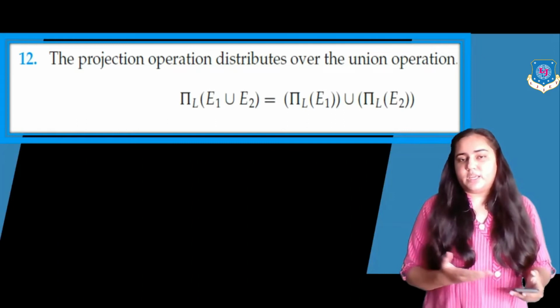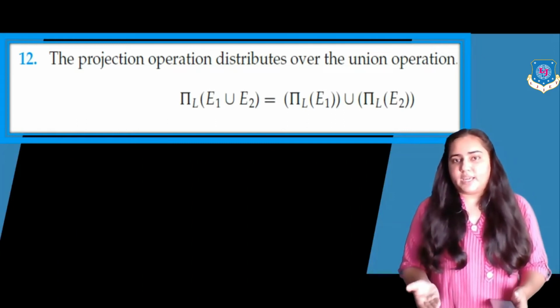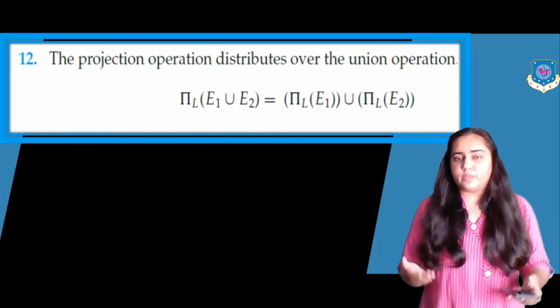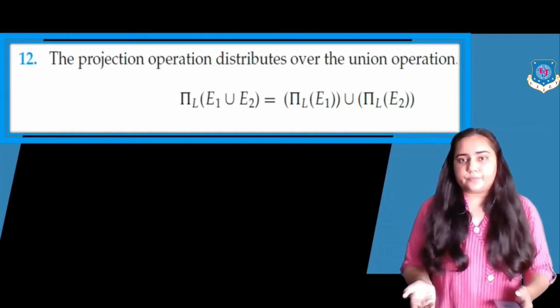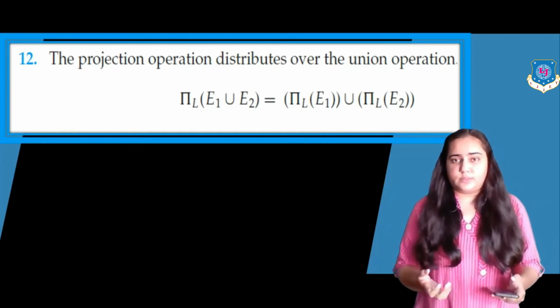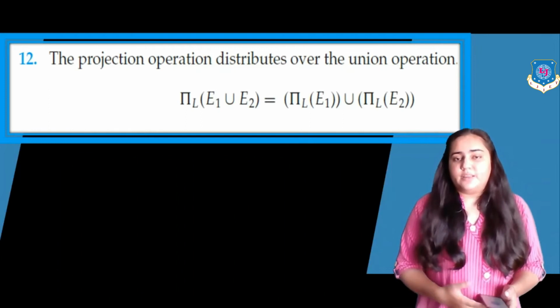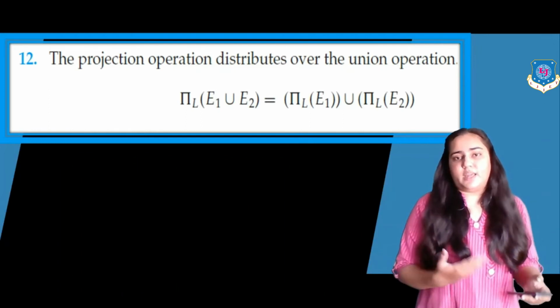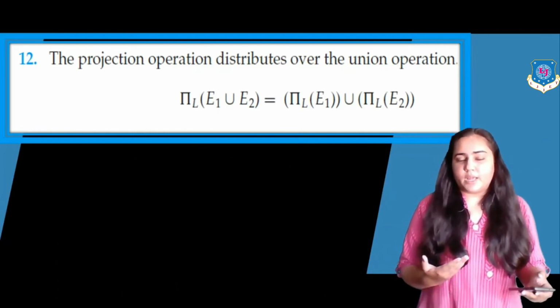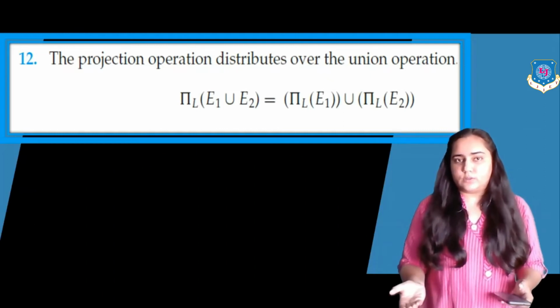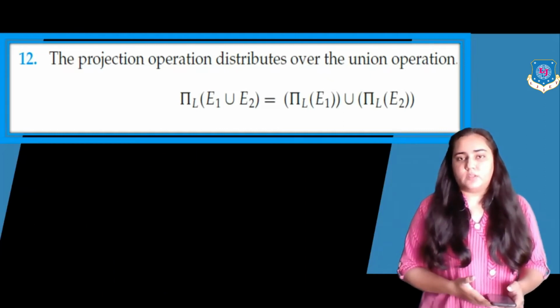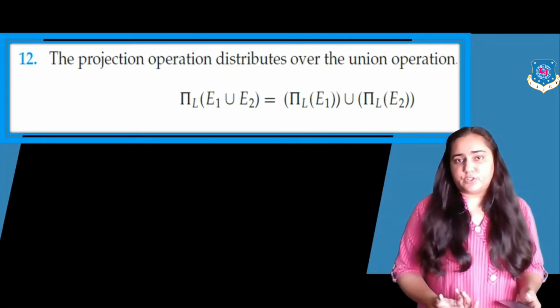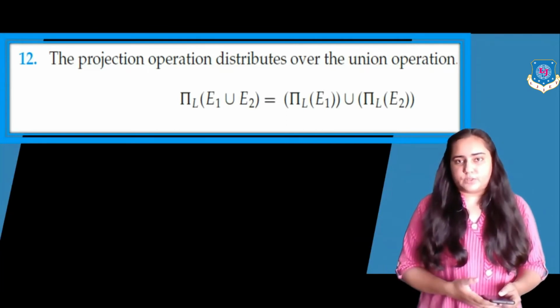Also I can do it in this manner. I can do pi L on E1 and pi L on E2, and after fetching those columns, I can perform a union. This is provided that the columns in L are present in E1 and also present in E2. Then I can perform it in this manner. So I can distribute a pi operation over a union operation.